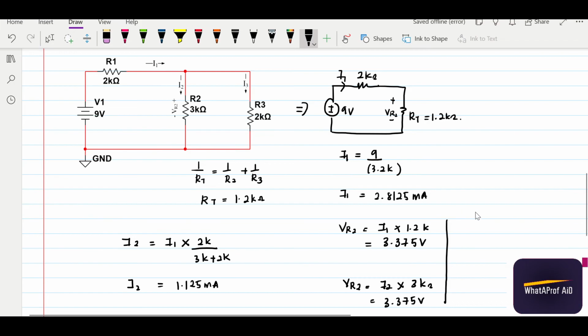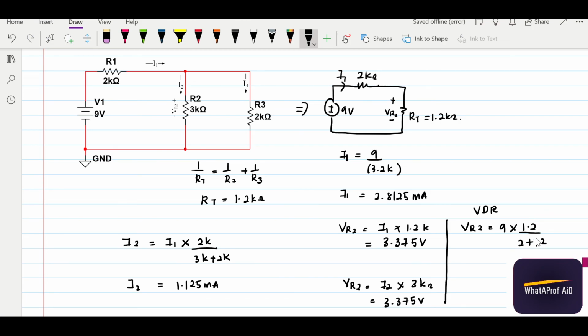So using VDR, voltage divider rule, VR2 equals to 9 times the resistance across the voltage that we want to obtain, divided by the total resistance 2 plus 1.2.